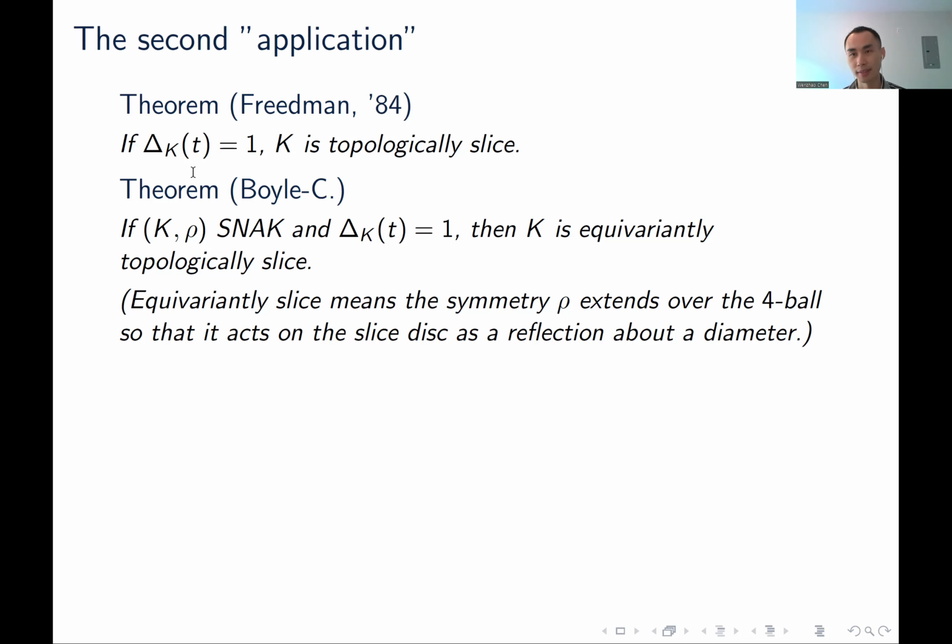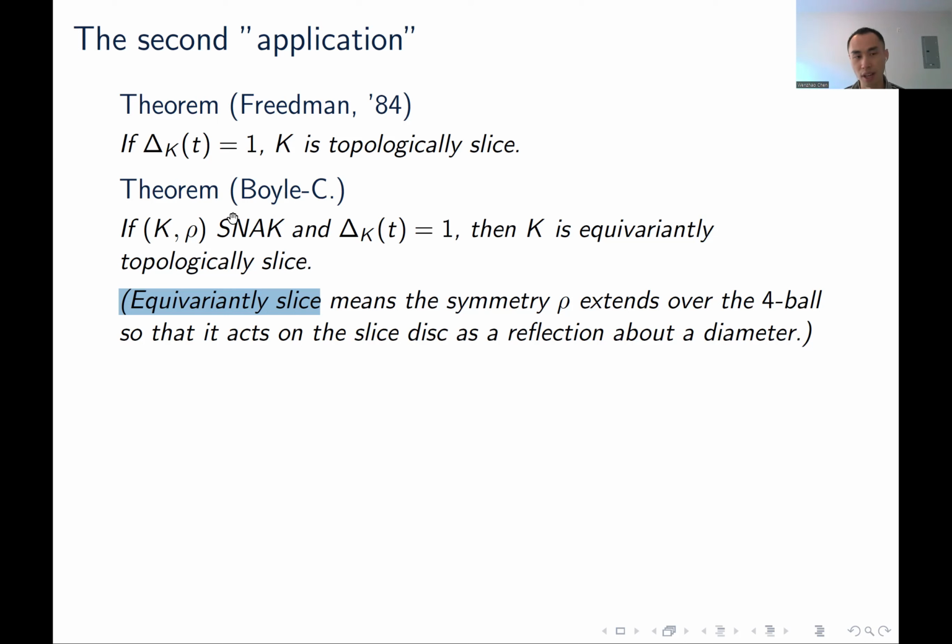When you're considering concordance of snacks, it's also natural to ask whether a snack is equivariantly slice. Equivariantly slice would mean the knot is slice, meaning it bounds a slice disk in the four-ball, and also the symmetry of the knot extends over the four-ball in such a way that it restricts to a reflection on the slice disk.